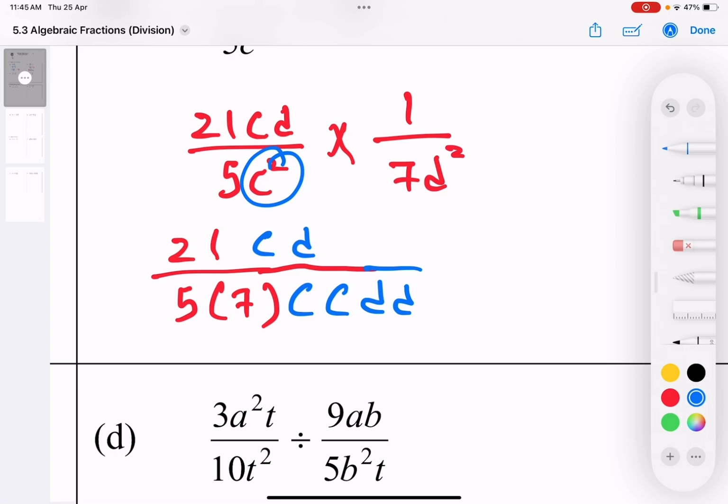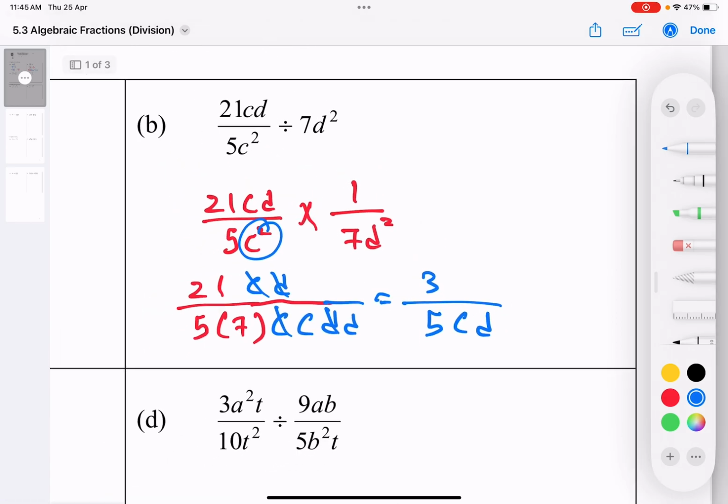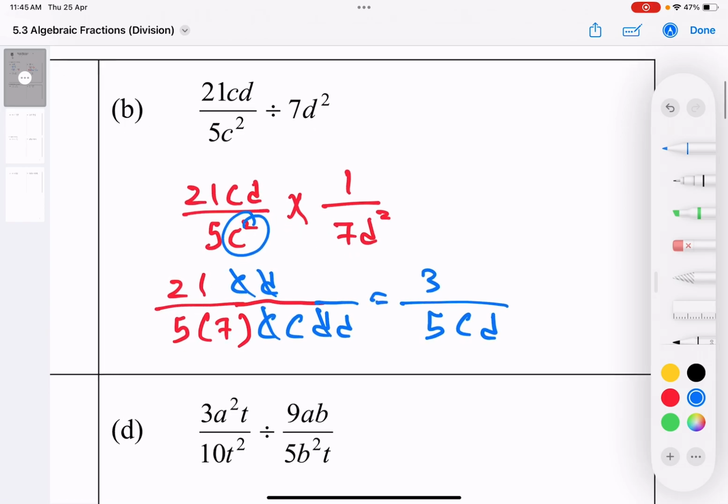I will put the numbers together and I will use my calculator to simplify for me. So I use my calculator, 21 divided by 5 times 7. That gives me 3 over 5. The C and C will cancel, the D and D will cancel. I'm left with CD. So this is how you will do this question. Everyone should know how to do this one.